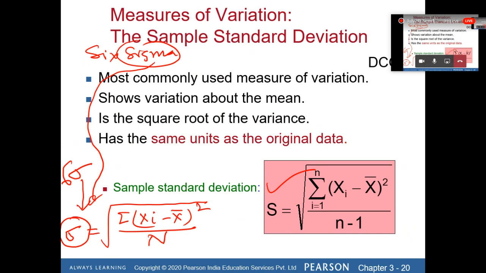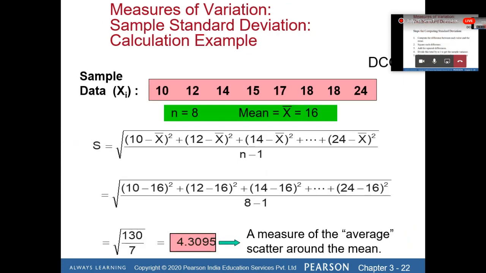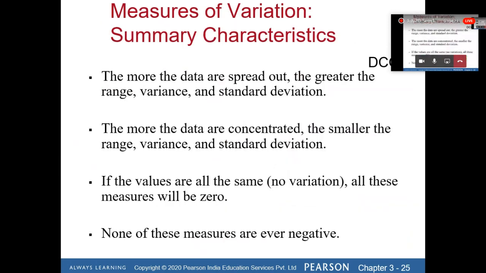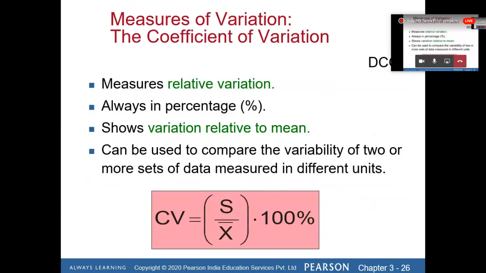Then you also learned how to find the population standard deviation and sample standard deviation. Some illustrations are given in this PowerPoint slide, and you can refer to it to develop your understanding of how to calculate standard deviation and population standard deviation. So this is all about the different types of variation that we have covered.